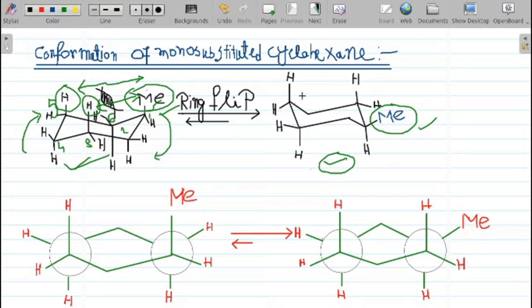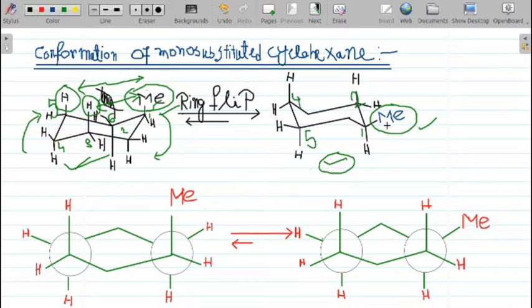So here we will see that when the ring flip of this conformation occurs, the methyl group will be present at this equatorial position, and this carbon becomes 2, and this carbon becomes 1. This carbon becomes 1, this carbon becomes 5, and this carbon becomes 4.